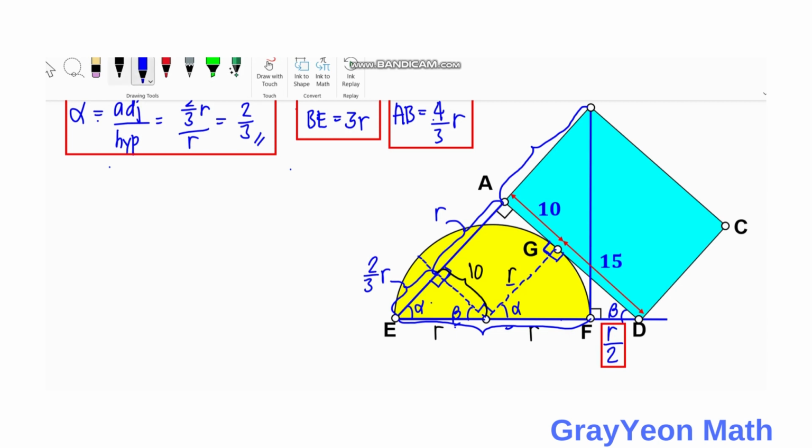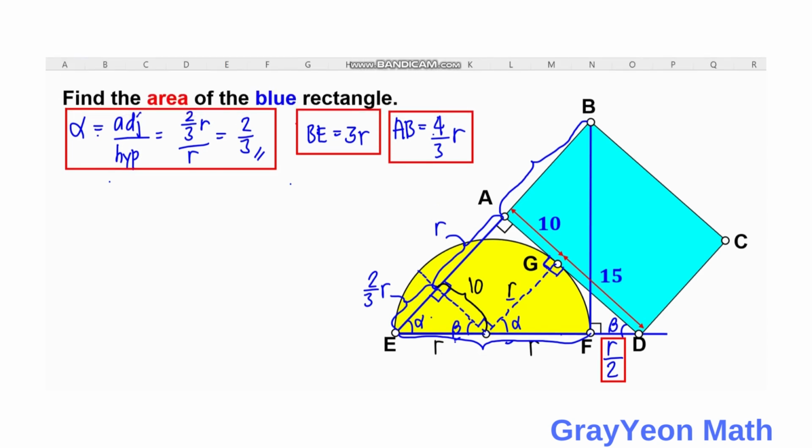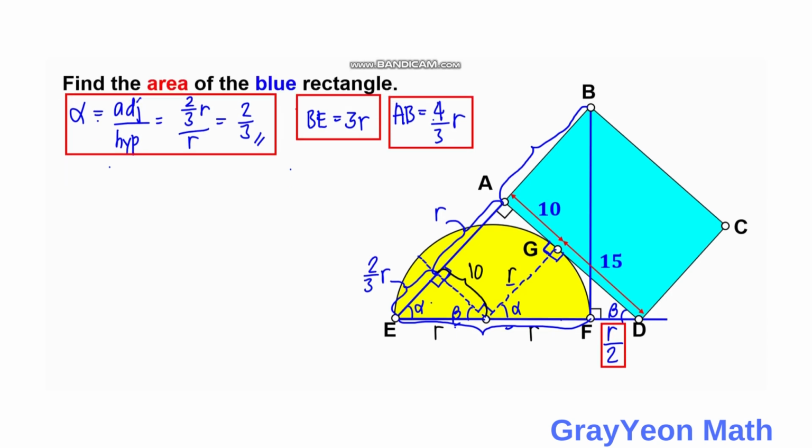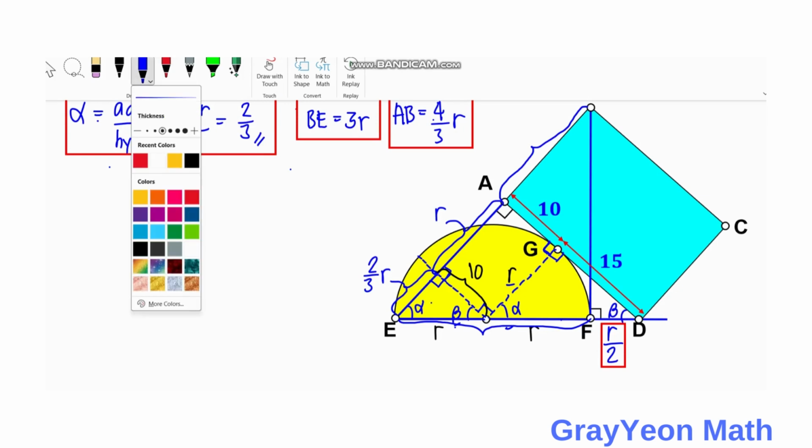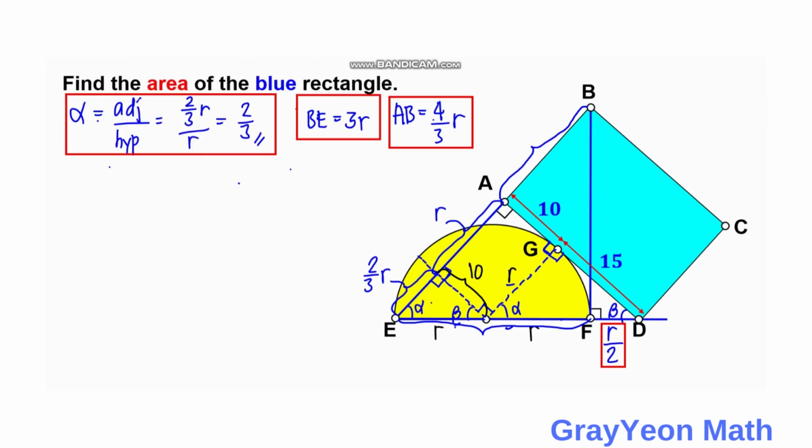If you focus on the secant segment and the tangent segment, GD and ED, we can use the tangent-secant theorem to find the value of R. The segment ED is the secant segment and the segment GD is the tangent segment.